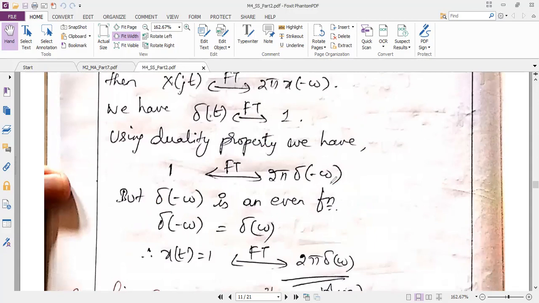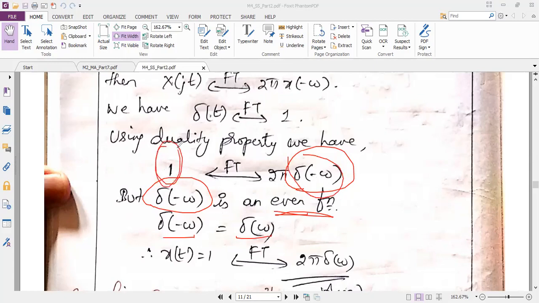So now I have delta of minus omega. I don't want minus omega, I want plus omega. So delta of minus omega is an even function. So if it is an even function, then delta of minus omega is equal to delta of omega. Then in this formula, I can replace delta of minus omega with delta of omega. So our question is 1. X of t is equal to 1.